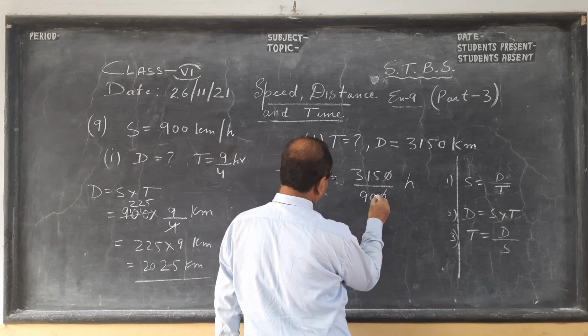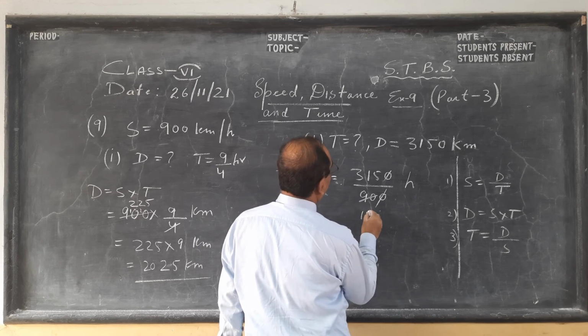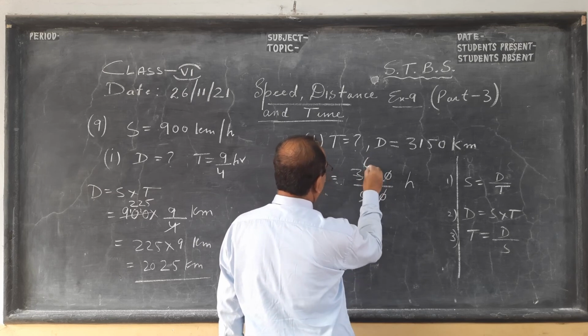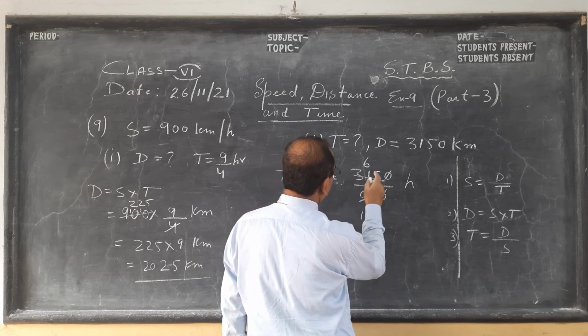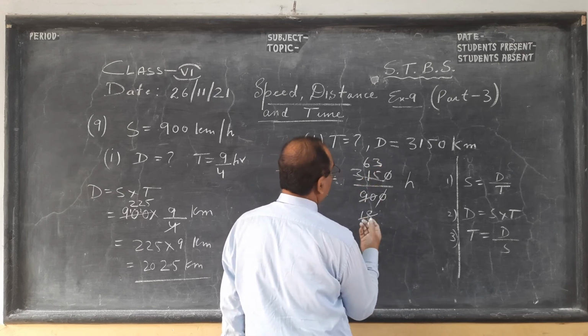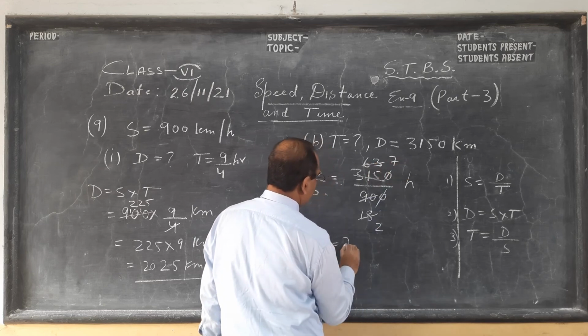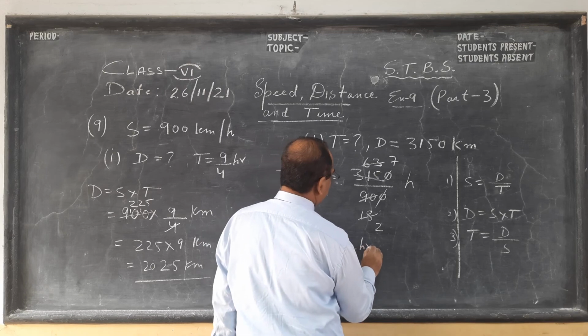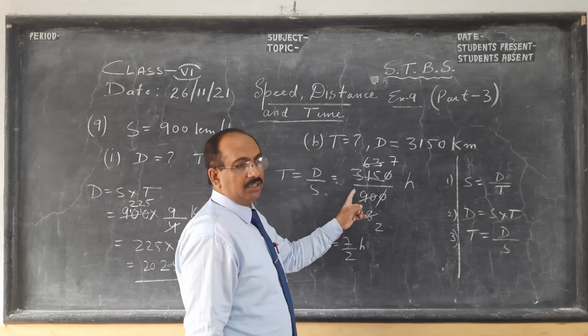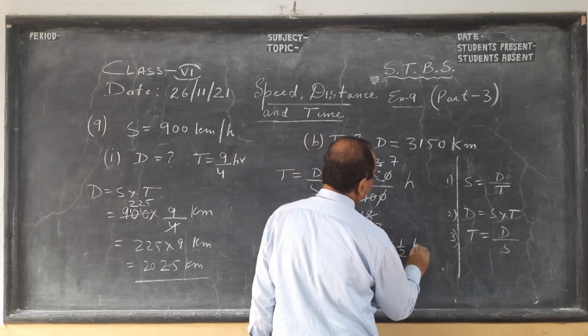You cancel this by 5, you get 18. You cancel this by 5, 5 6s are 30, 63. Again we can cancel by 9, you can cancel with 3, 9 2s are 18, 9 7s are 63, so we get 7/2 hours. This cancellation, children, you have to practice. So we get 3.5 hours.